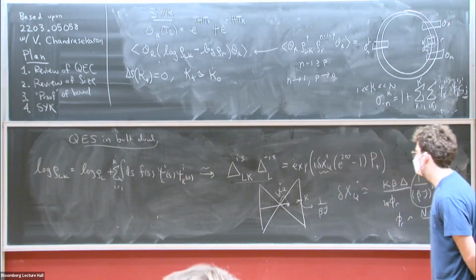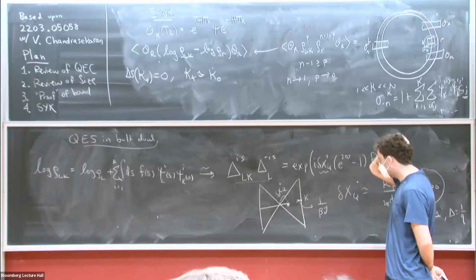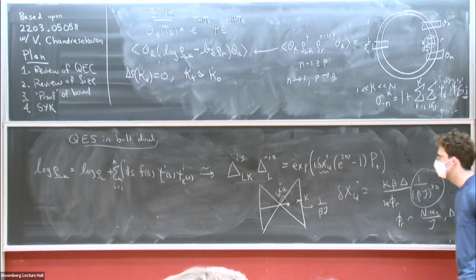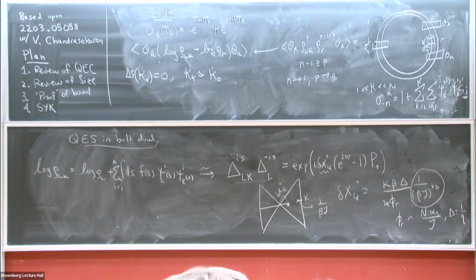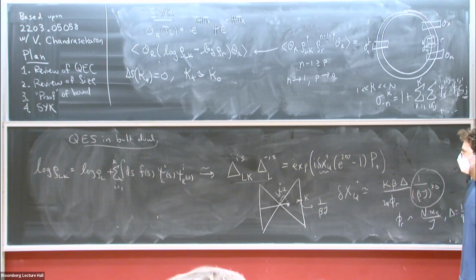Yes, at least in this limit of small k over n, that's where we can do calculations analytically. It's a very simple relationship. That is a large n phenomenon.